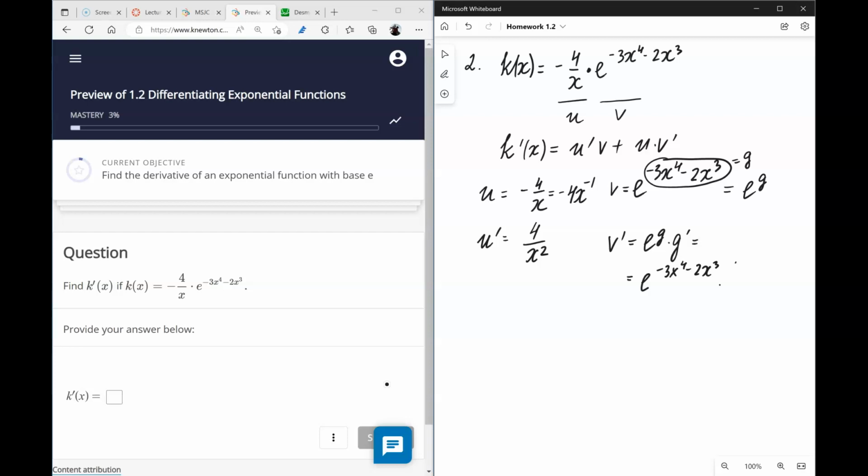And g prime, here I'm going to use the power rule and the linearity, as the exponent is a simple polynomial. So we have negative 12x cubed minus 6x squared.